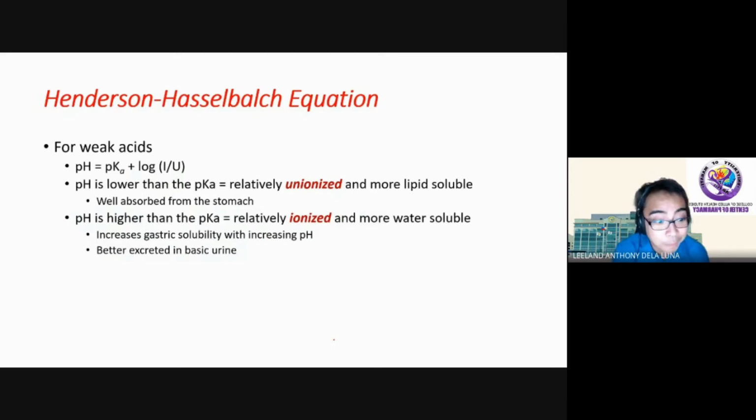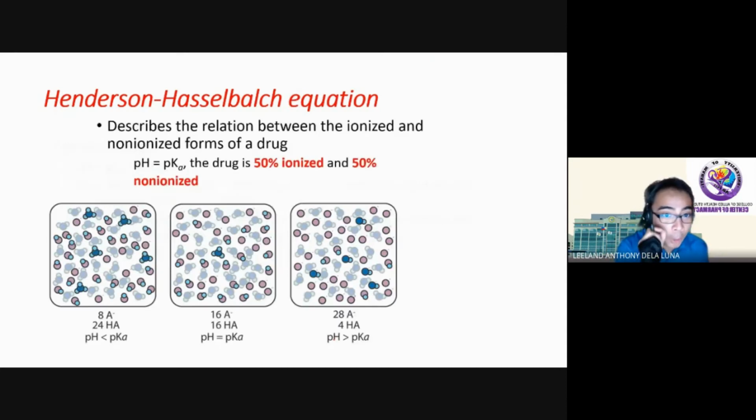Sabi ko sa iyo, di ba, hindi siya completely nag-dissociate, right? So again, the complete dissociation class of your weak electrolyte only happens once pH is equal to pKa.